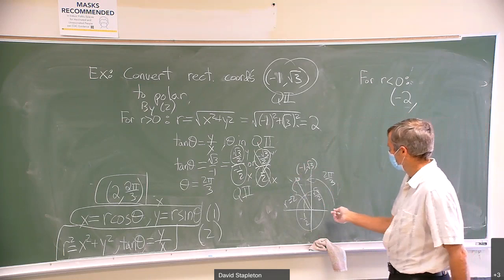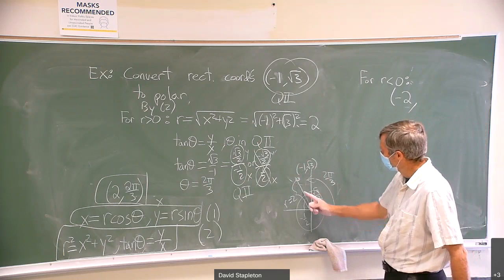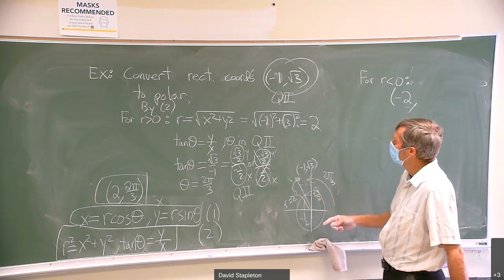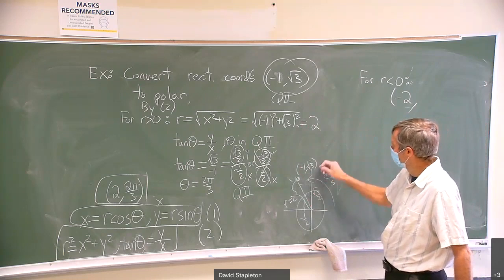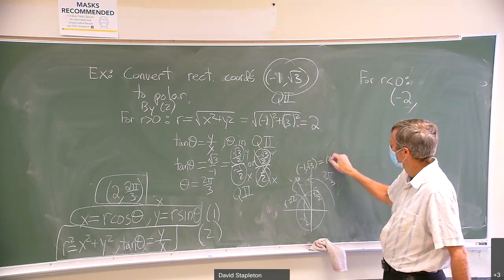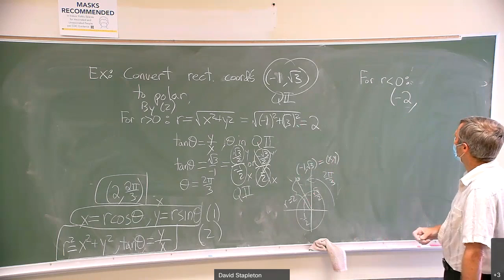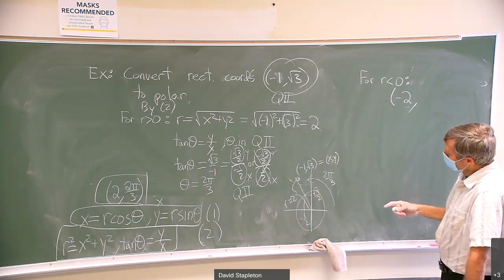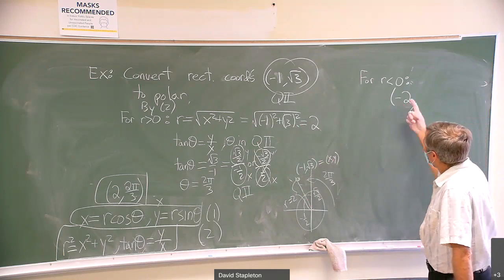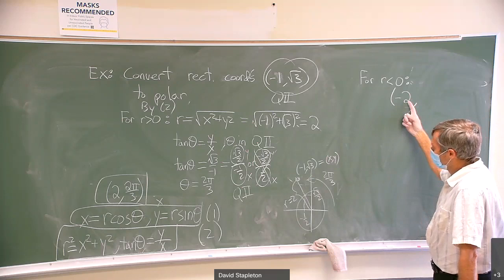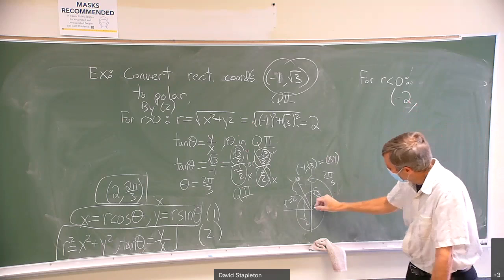So we can turn to angle 2 pi over 3 and go out 2 units and get to the point with rectangular coordinates -1, square root 3. The alternative is to let r be minus this distance, so r equals minus 2. And then what I need to do is turn to the opposite direction, this direction.